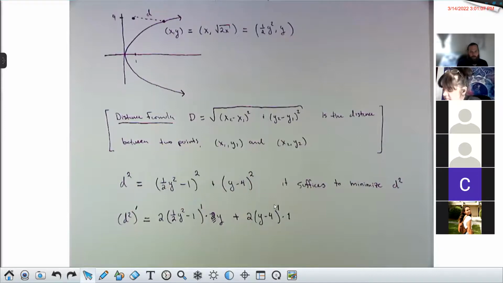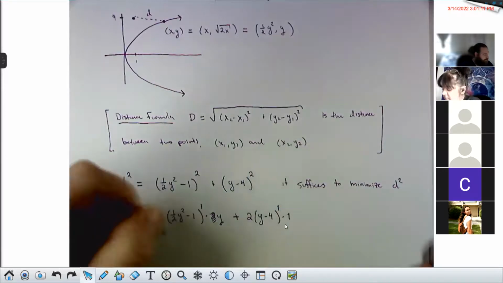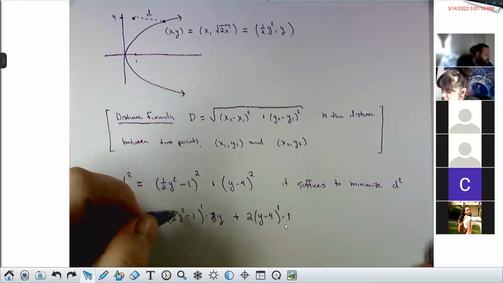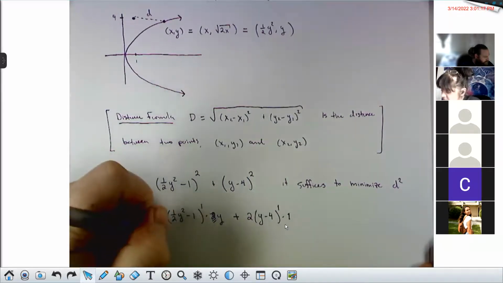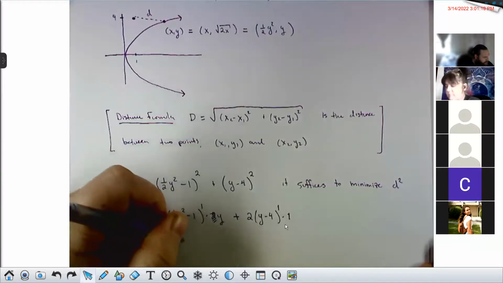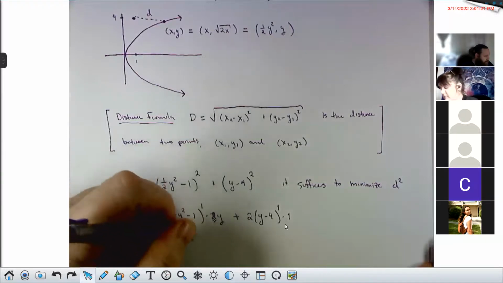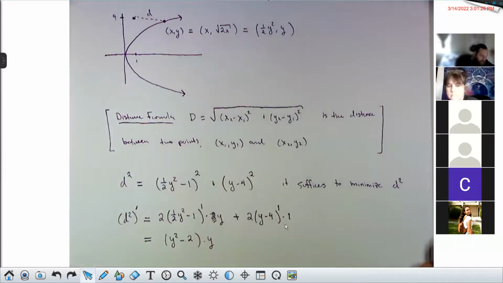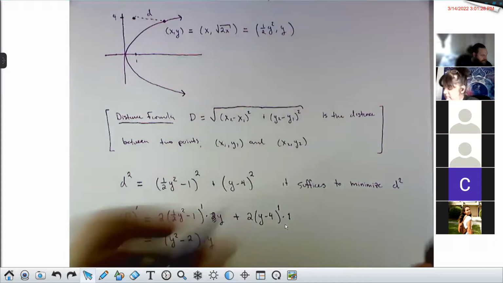Conveniently, these powers are both 1 now, so there's nothing terrible to deal with. We can just try to clean this up a little bit. 2 times 1/2 y squared would be y squared. Minus 2 times 1 is 2. And then I still have my y over here. And then here I have 2y minus 8.